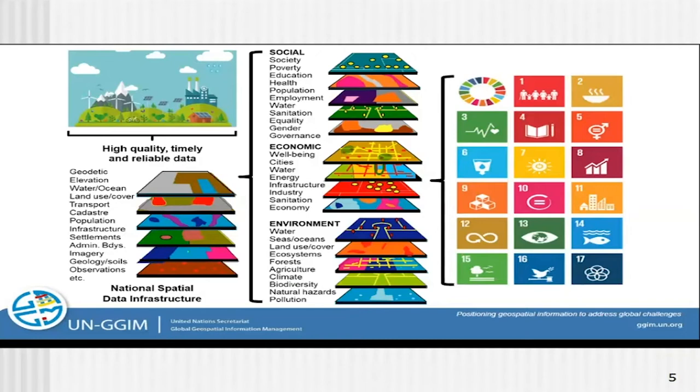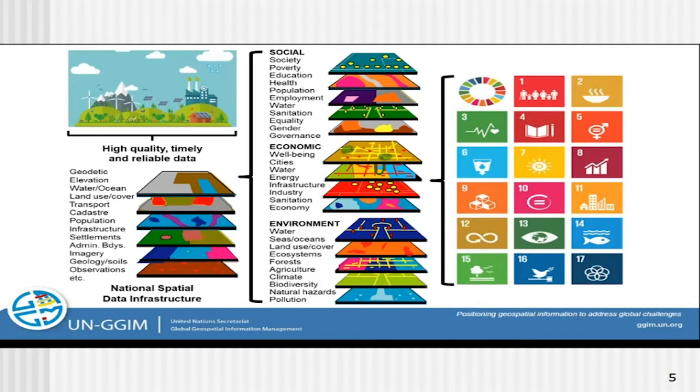Okay, in this slide, we have the national spatial data infrastructure with the various data themes, with high quality, timely, and reliable data, with localization, geodetic, elevation, water, land, transport, etc. We have social data on poverty, regional disparities, education, health, population, employment.